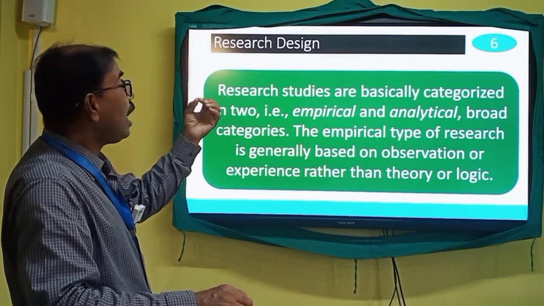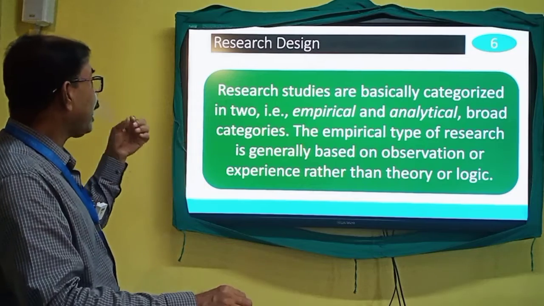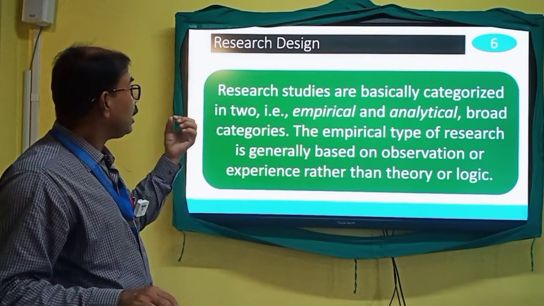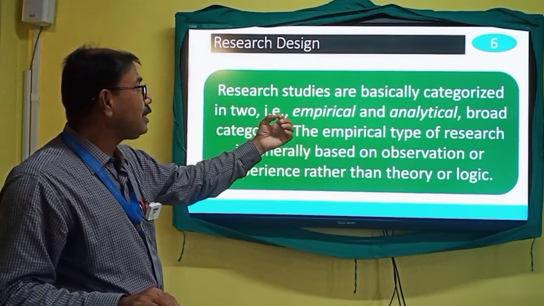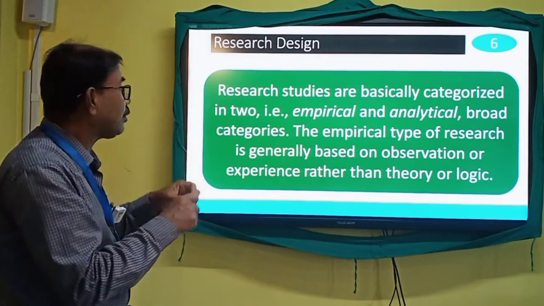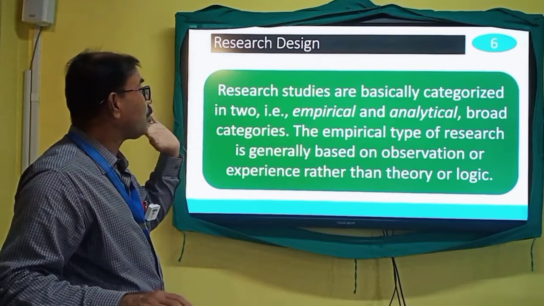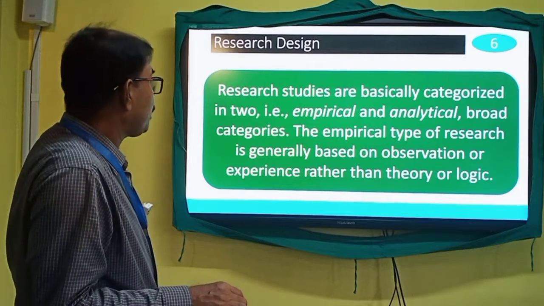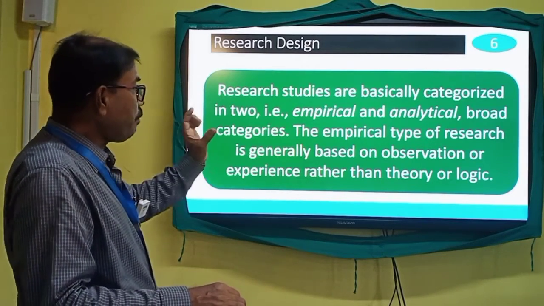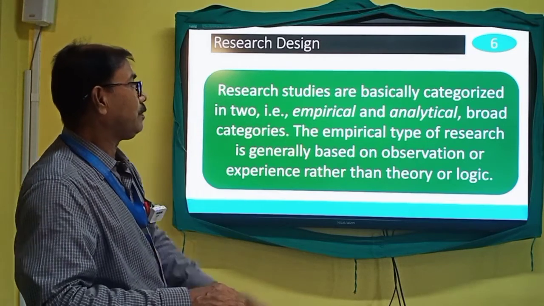Research studies are basically categorized, this is very important, in two broad categories: empirical research and analytical research. One is the empirical type of research, another is the analytical type of research. The empirical type of research is generally based on observation.